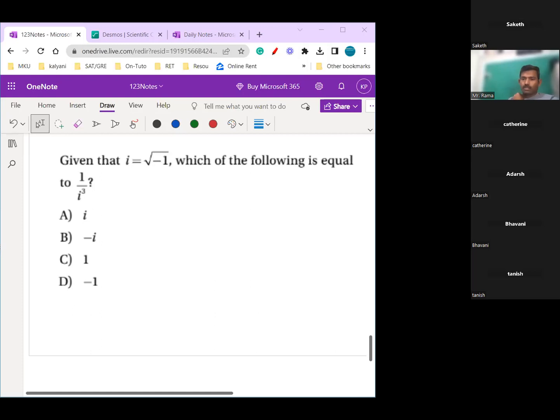Okay, put your answers there. I want you to see if you get a mistake. It's okay, but I want you to see who's getting it, who's not getting it. Just try it and put your answer in the chat box.